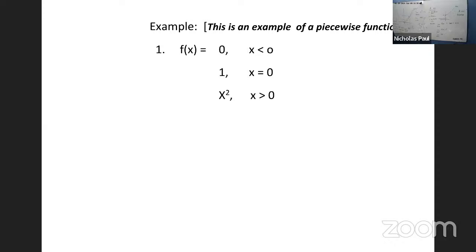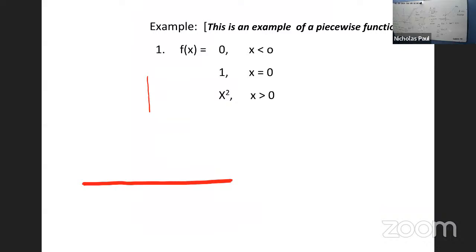All of this belongs to the same function. When x is less than 0, the answer is 0. When x is equal to 0, the answer is 1. When x is more than 0, it's x squared. So we have to draw a piecewise function.